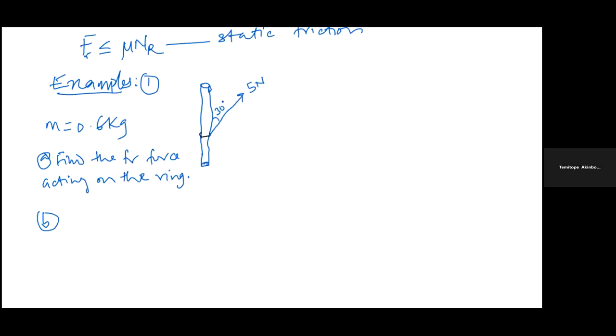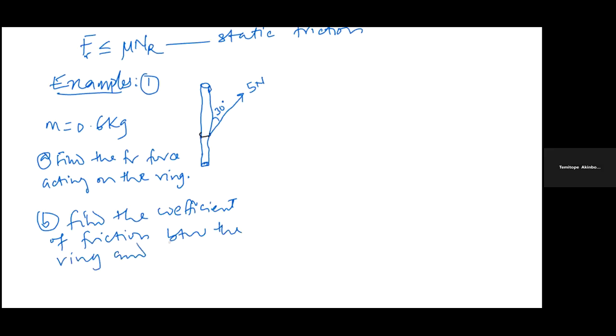Full stop. Find the coefficient of friction between the ring and the rod.